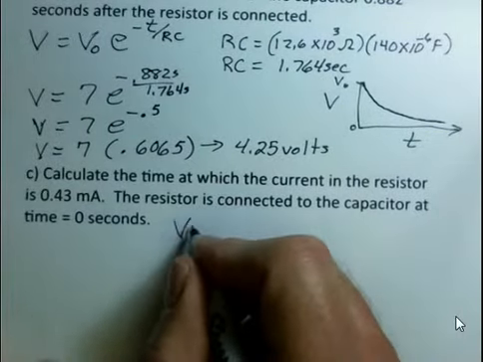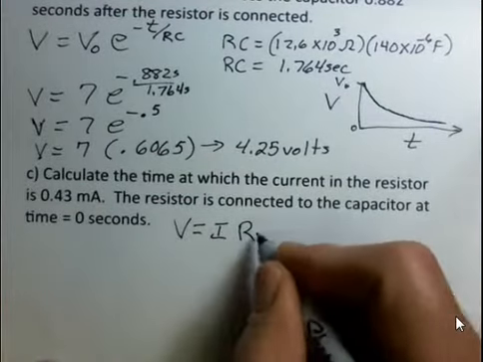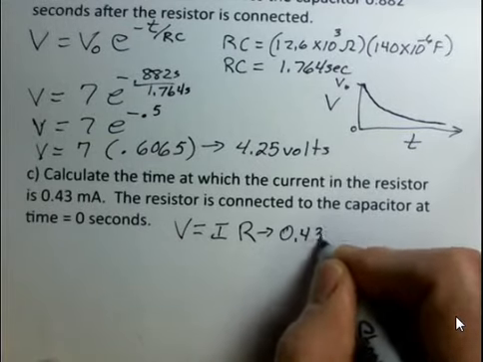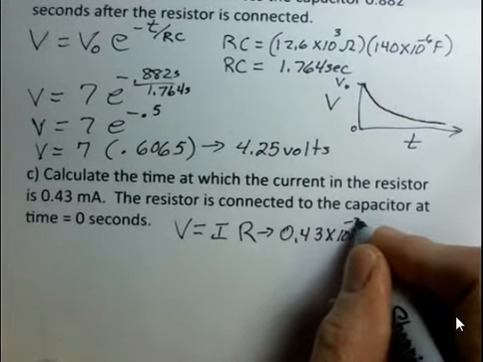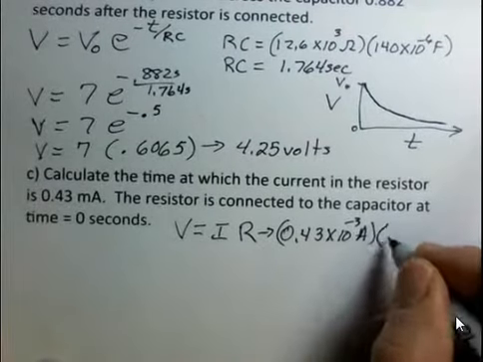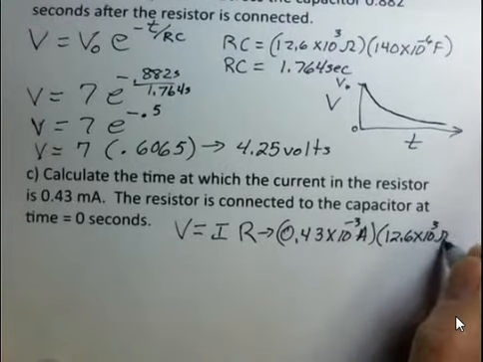We use V equals IR for the resistor. We have a current of 0.43 times 10 to the minus 3 amps, and we have a resistor of 12.6 times 10 to the third ohms.